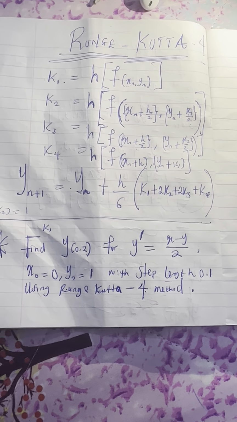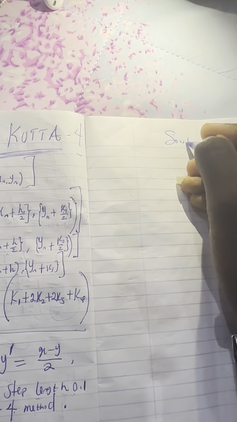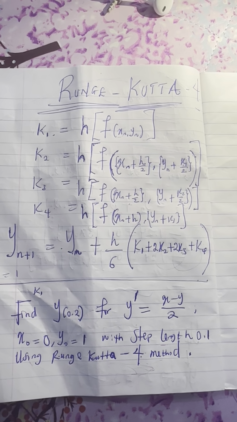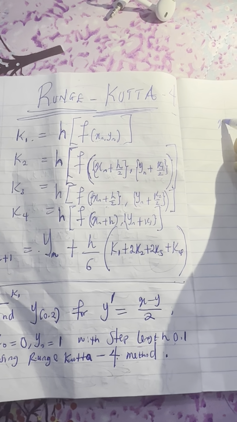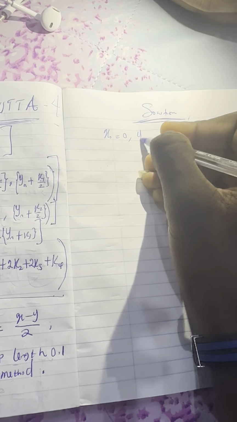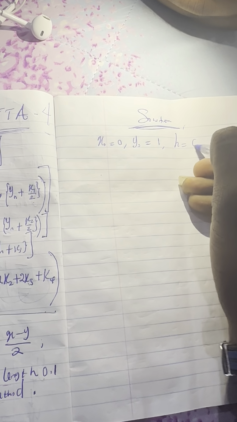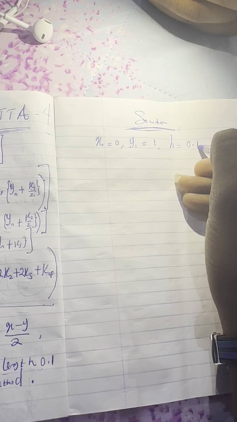So to solve this, where will I start from? I already know my x naught to be 0, my y naught is 1, my step length is 0.1.